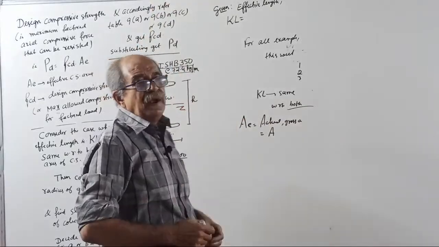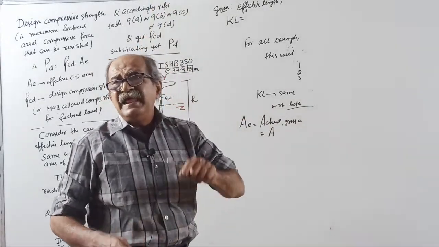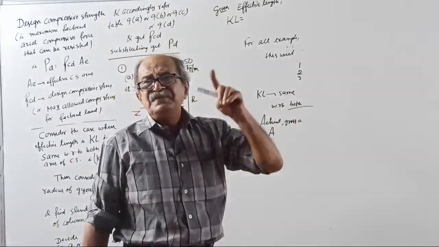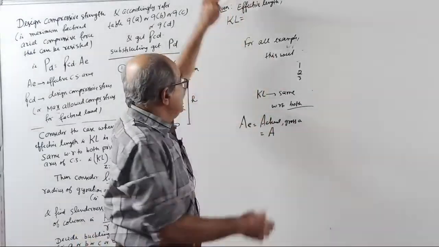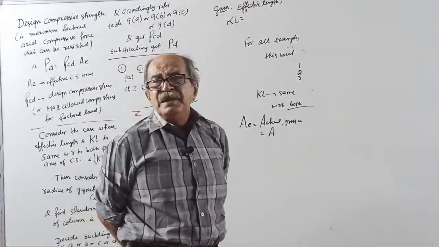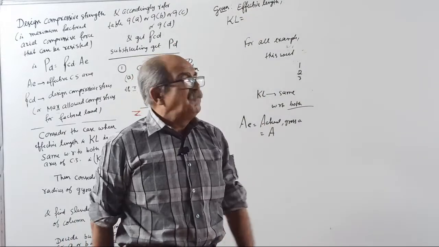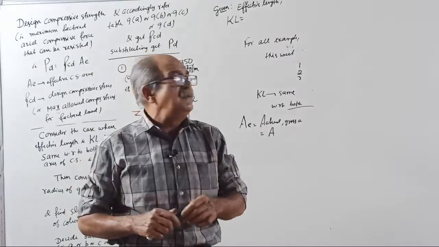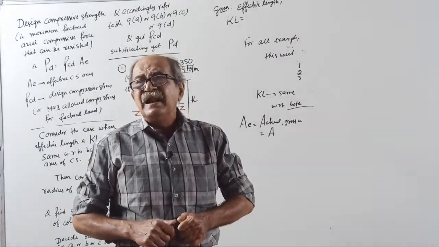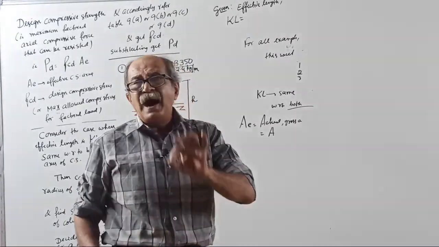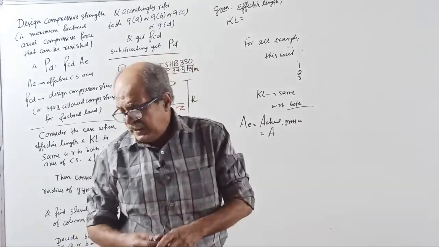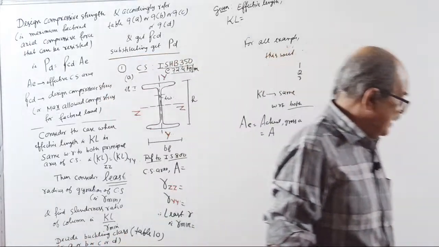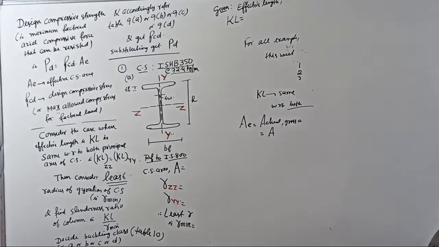That's all. But sometimes a little area is to be removed. That I will discuss in the group later, because it will not come here. Sometimes if the section becomes slender, IS code says a part of the area is to be removed. For plastic, compact and semi-compact, no problem. But for slender, you have to ignore that area. That will come in subsequent classes.